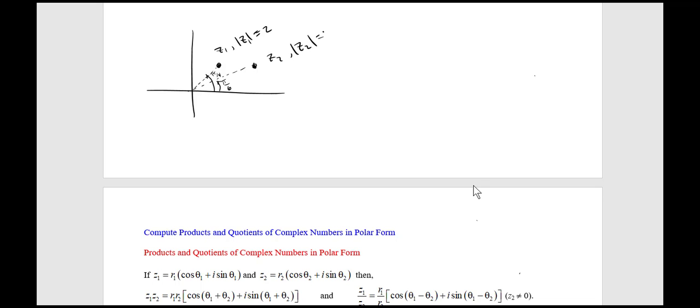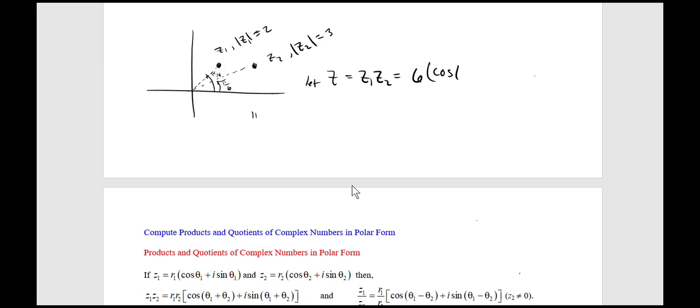This one's twice as far as the other. Or maybe it's more believable that this would be like a 3 from my picture. Then if we multiply these together, let z equal the result of multiplying these. All we have to do is multiply the moduli and then add the angles.